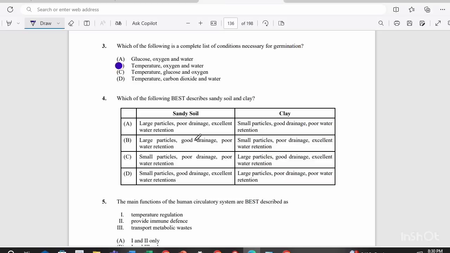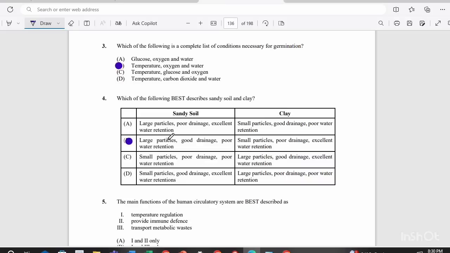B, large particles, good drainage and poor water retention for sandy soil, and small particles, poor drainage and excellent water retention for clay. C, small particles, poor drainage, poor water retention for sandy soil, and large particles, good drainage, excellent water retention for clay. And D, small particles, good drainage, excellent water retention for sandy soil, and large particles, poor drainage, poor water retention for clay. The answer there is B.